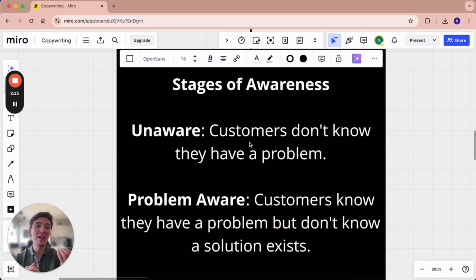He doesn't know that he has a problem, meaning that he doesn't really care about elevating his style, becoming more fashionable. So when people are in this unaware stage in regard to fashion brands, that means that you are trying to convince people who are unaware that they need your clothes, because obviously they are satisfied. They don't know they have a problem with their current style, right?